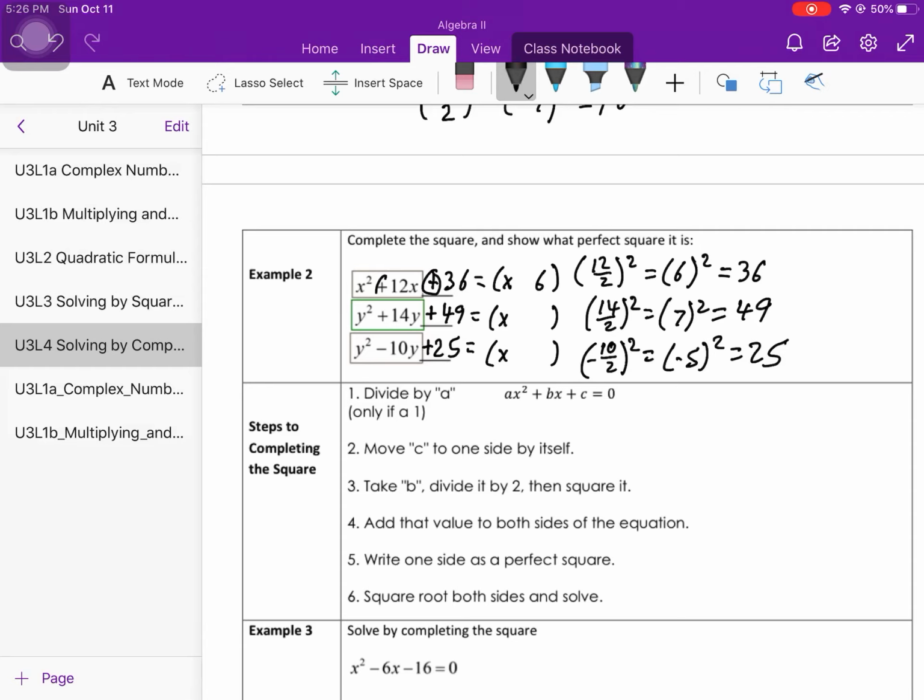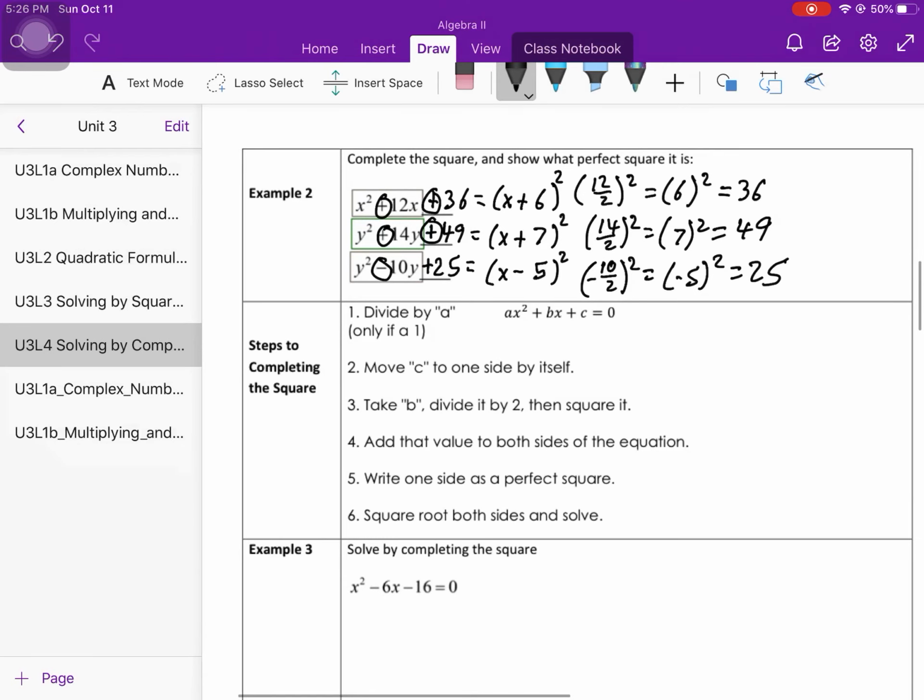It is 6, signs are both positive, so it's plus 6. Then we look at this next one. The perfect square that gets us 49 is 7. Signs are both positive, so we get plus 7. And the final one, the number that gets us to 25 when we square it, is 5, but this sign here is negative, and that means that it's going to be a negative 5. And then these are squared. I forgot to put that up there.